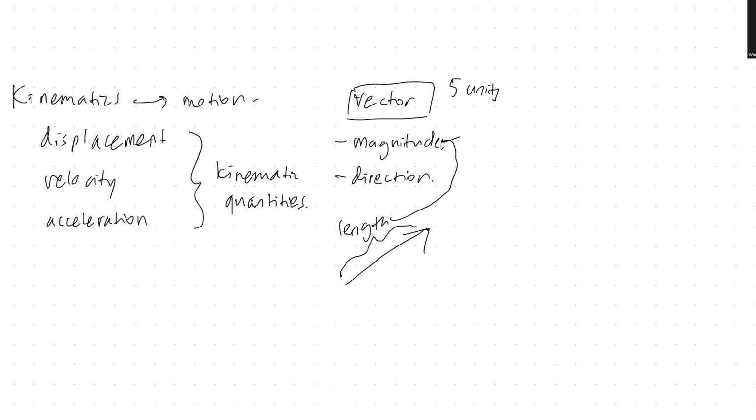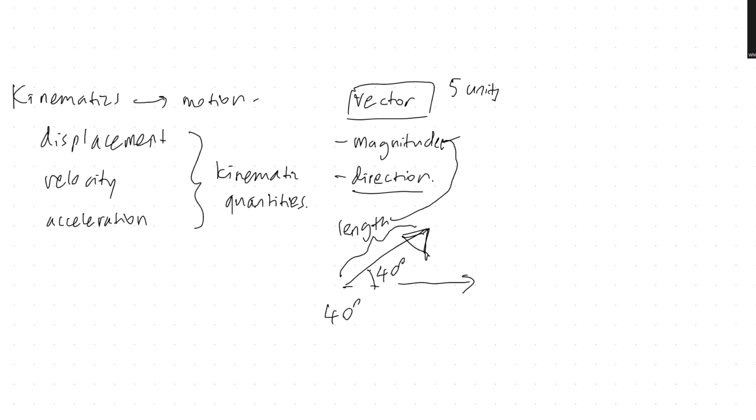As for direction, the direction will be the direction that the arrow is pointing in. Let's say we define this to be leftwards, a horizontal direction pointing leftwards, and let's say that this angle is 40 degrees. What we can say about the direction is that this vector is pointing at 40 degrees.